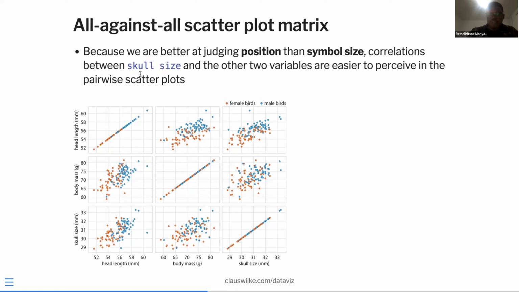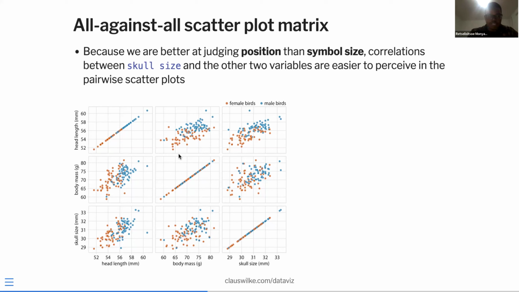Yeah, so the point that was made in the book here is that because we are better at judging position rather than symbol size, it's much easier to see the relationships here. For example, you can see here skull size with body mass. You can't really say between males and females, they're kind of comparable.